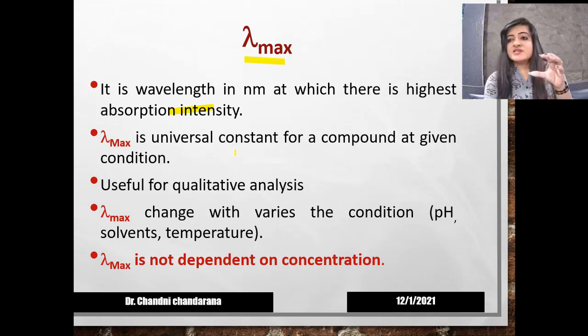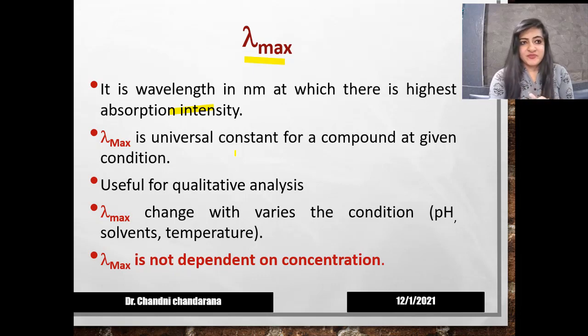It is a universal constant of a compound at a given condition, so it is useful for qualitative analysis. Now see when it is changed. For example, if you take the UV spectra of paracetamol in NaOH, you will find a different lambda max than 257 nanometer.